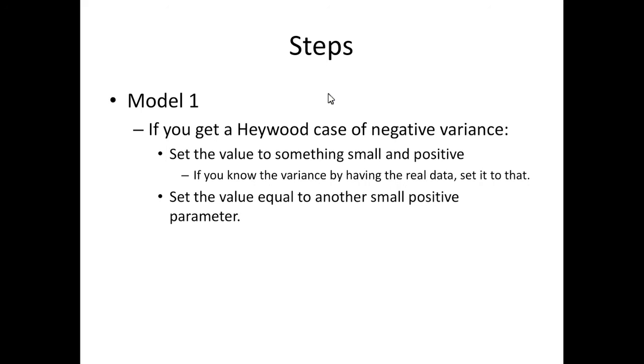If you know the variance by having that data, you can set it to that, or you can set it equal to another small positive parameter. So if all of them are 0.05, you can set it to something very close to that, and just sort of force the model to say, this is the variance, move on from there. And that'll often fix it.